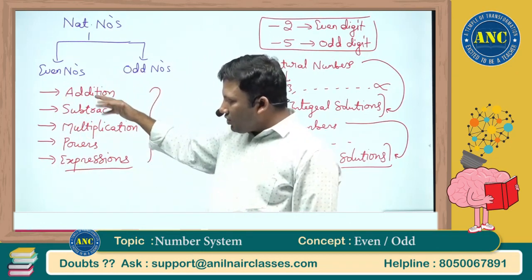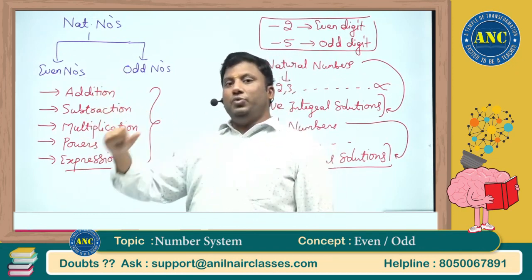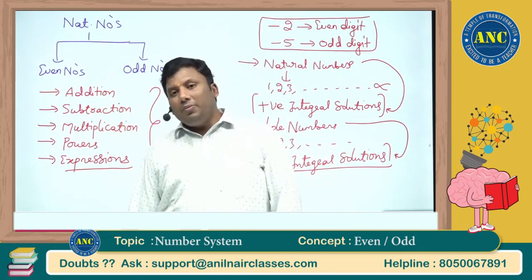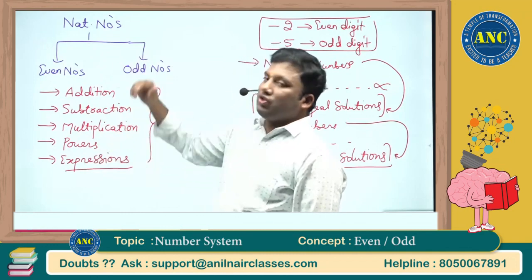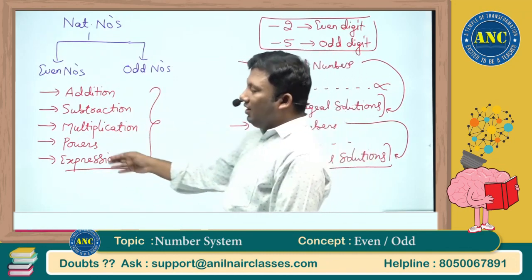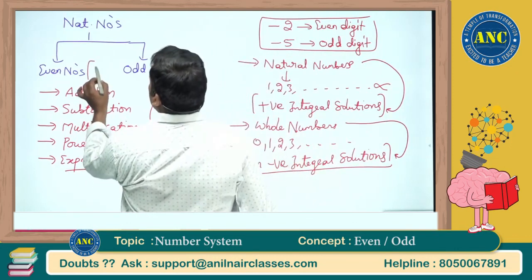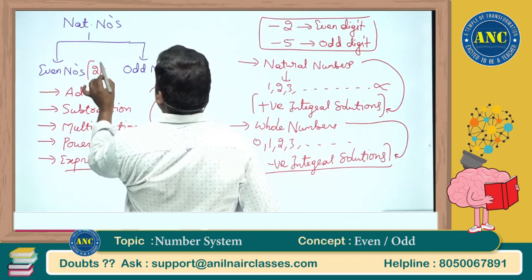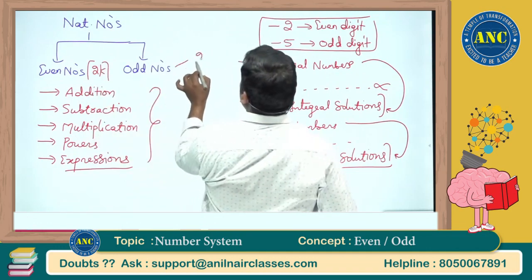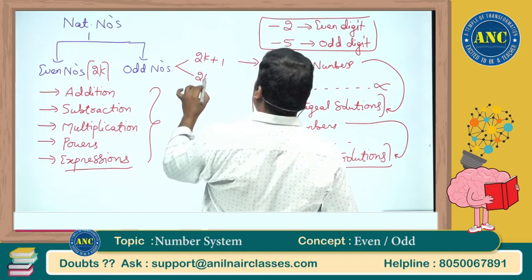The entire class we will do all the concepts related to performing mathematical operations on natural numbers, that is, an even number and an odd number. An even number is always perfectly divisible by 2. An odd number is either 2k plus 1 or 2k minus 1.